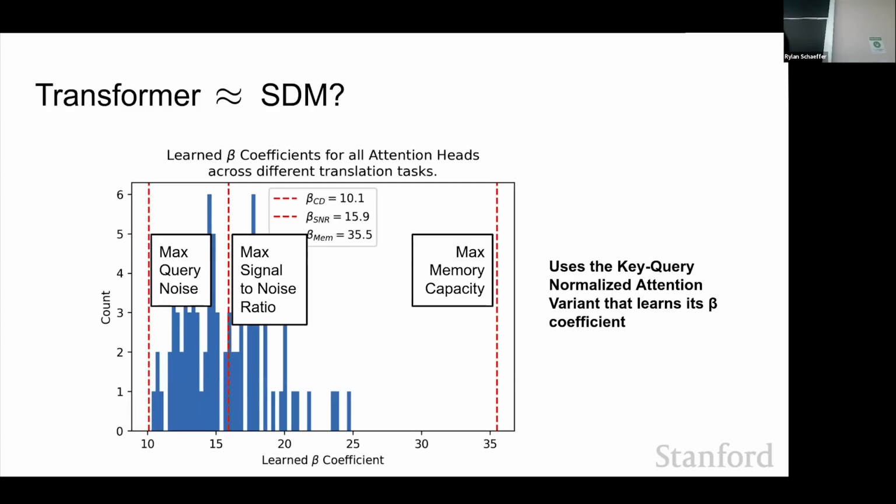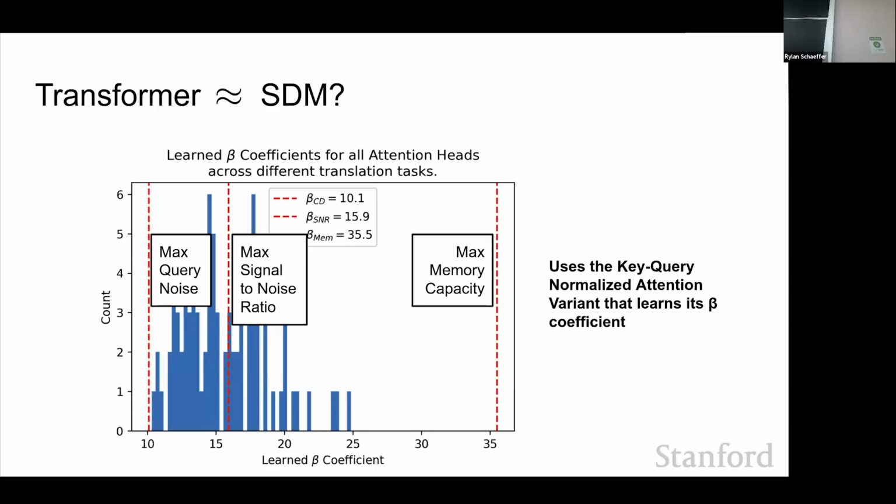Again, this is weak evidence in so much as to derive the optimal SDM beta coefficients, or corresponding Hamming distances, we need to assume random patterns in this high dimensional space, and obviously real world data isn't random.